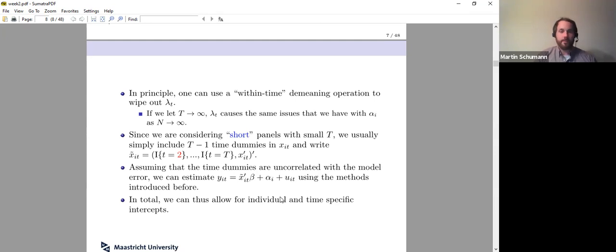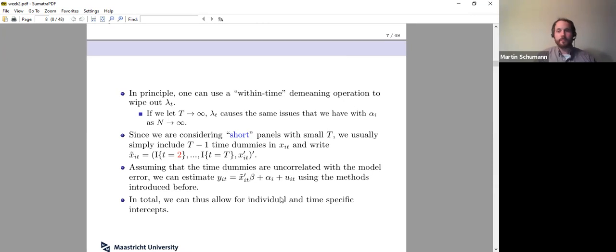Something similar could work across individuals. We know that these lambda t's don't change across individuals, and therefore we could take each it observation minus the individual average. And therefore also the lambda t's will drop out.